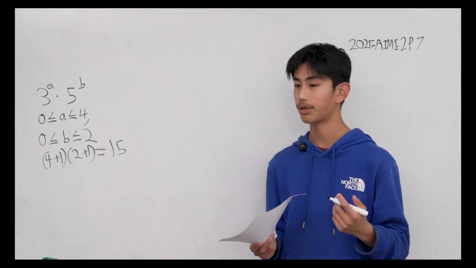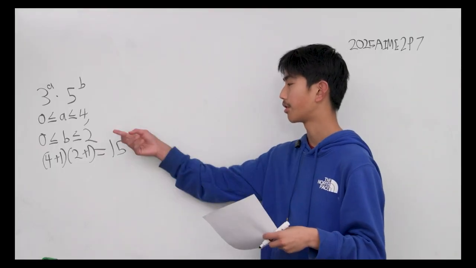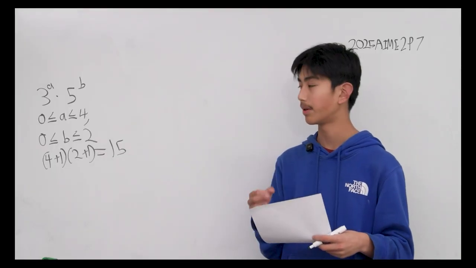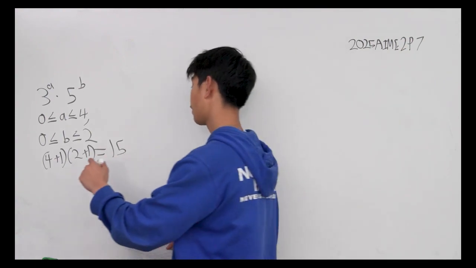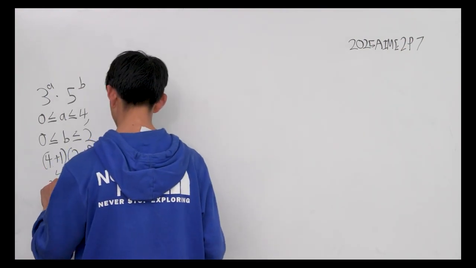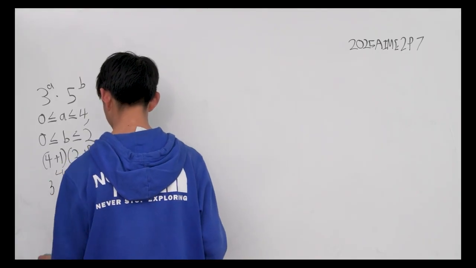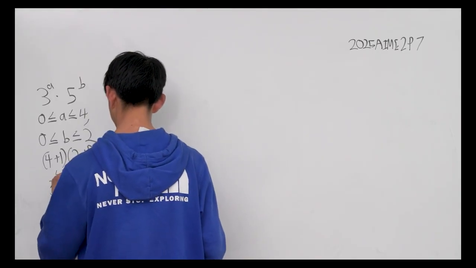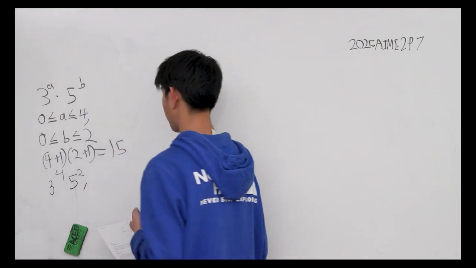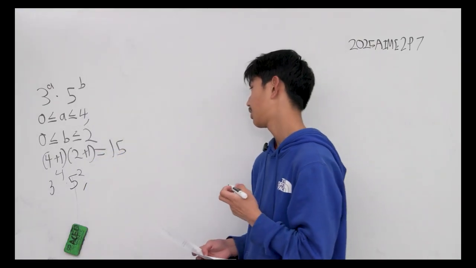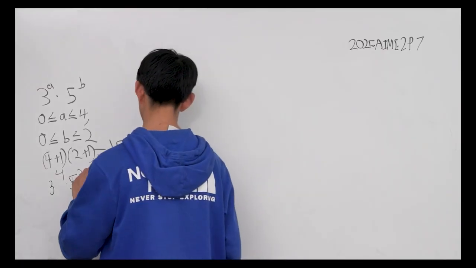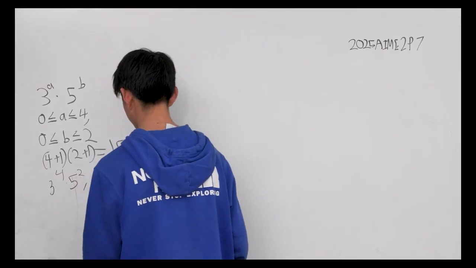This is pretty simple because we can just consider the cases of B where there's only 3 of them. If you have 3 to the power of 4 times 5 squared, the LCM is automatically 2025, and this yields 2 to the power of 14 cases.